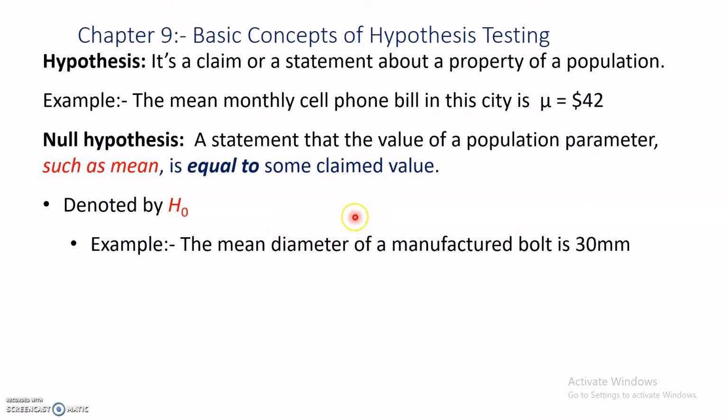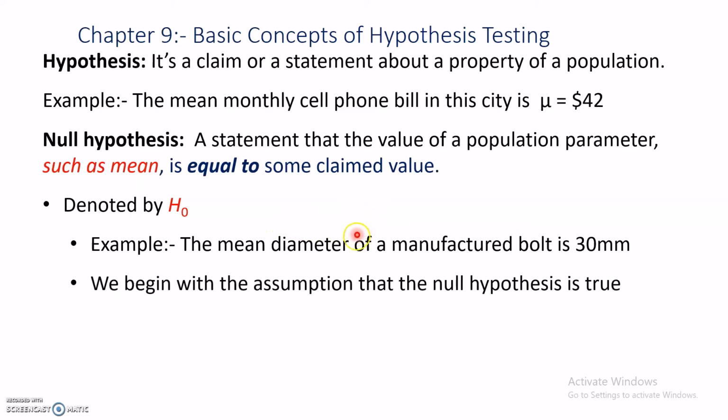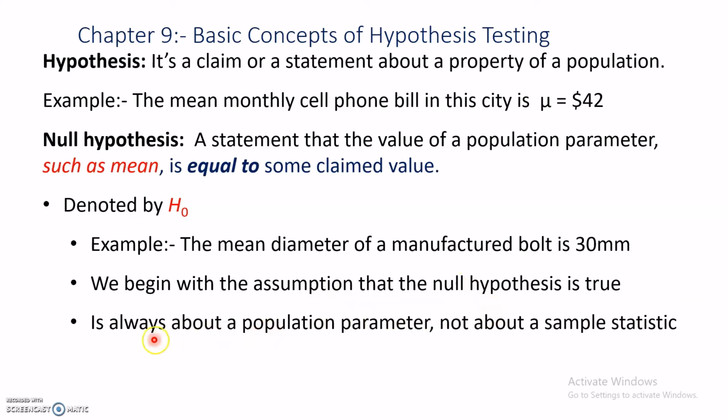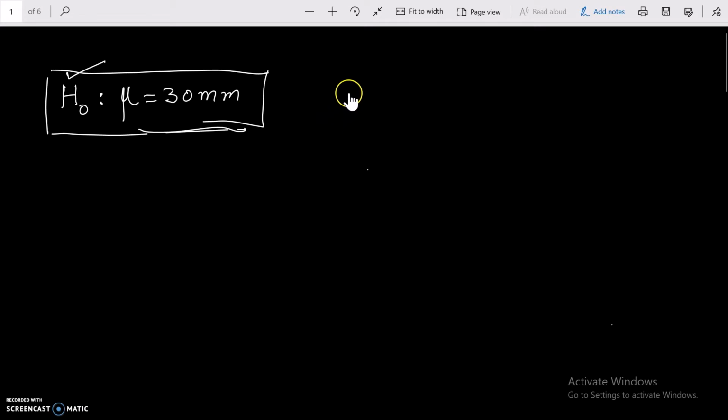So let's see what else we have about the null hypothesis. We begin our hypothesis test with the assumption, the supposition, that the null hypothesis is true. This statement is always about the population parameter and not about the sample statistic. What I mean by that is, this statement will always be that the population mean is equal to some value.